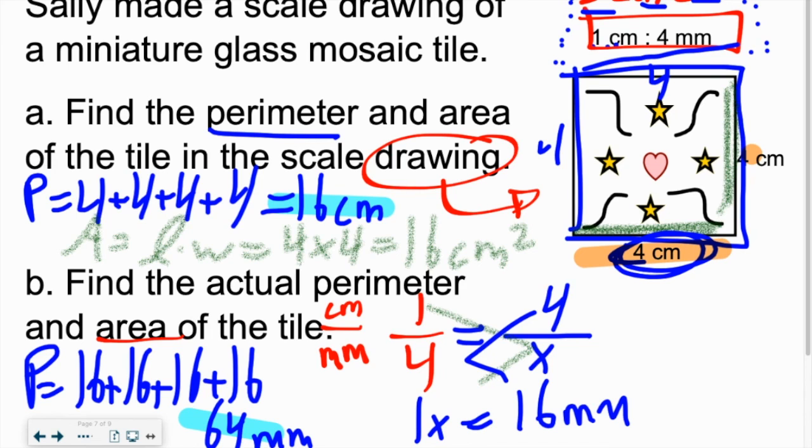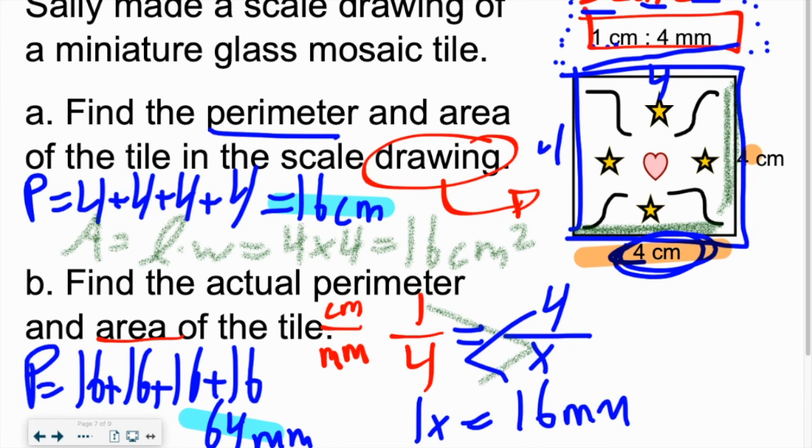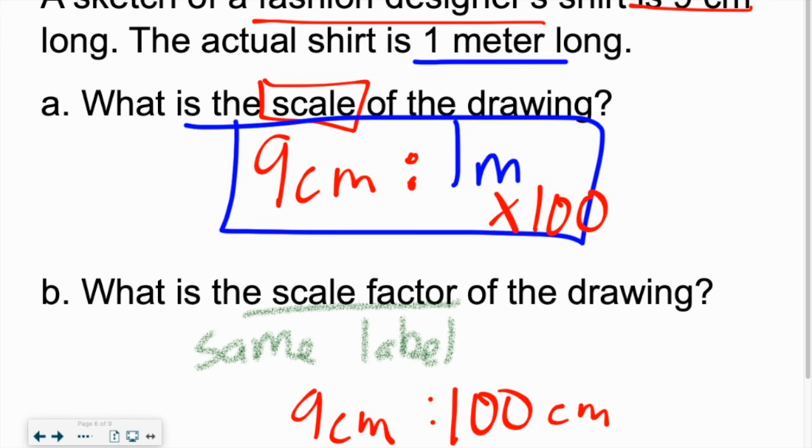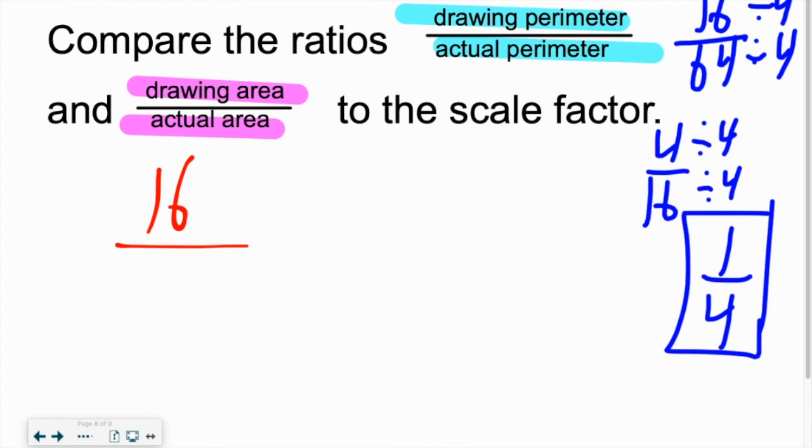Sweet. Now it says to find the scale or the ratio, that is the fraction comparing 2 numbers, of the drawing area to the actual area. The drawing area right here and the actual area. So we're going to pull those in. 16 over 256. Those can be divided by 4, but if you're not sure, they're both even. Divide them by 2.